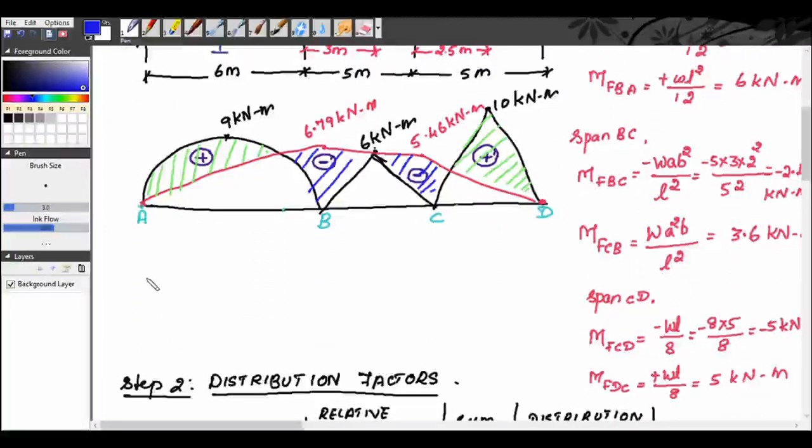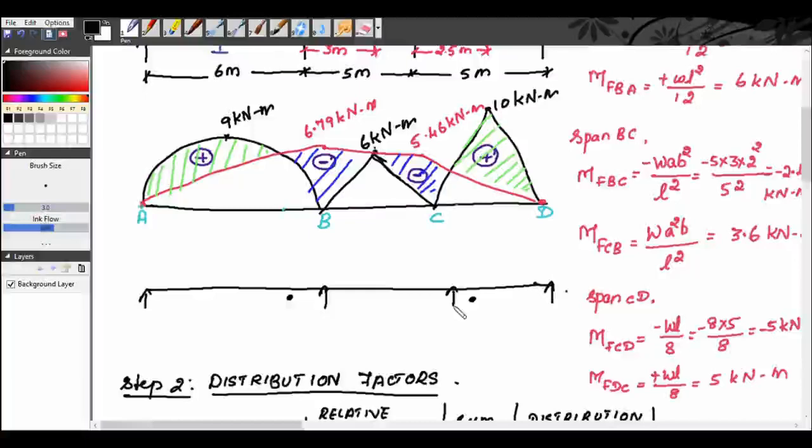So now we will draw the deflection diagram. While drawing the deflection diagram, we will mark the points of contraflexure now. A, B, C, D, everywhere it is simple supports. Our point of contraflexure is here, where it changes from plus to minus, then from minus to plus.